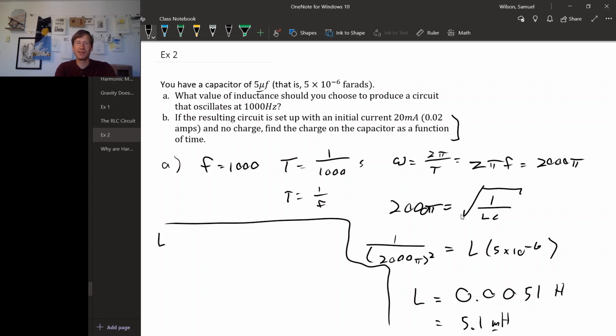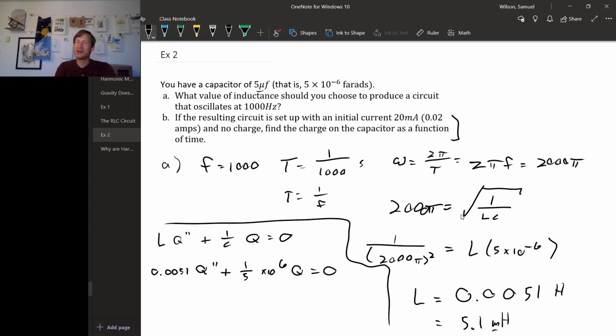So remember, we're going to write down L times Q double prime plus 1 over C times Q equals 0. So L is 0.0051 times Q double prime plus 1 over C, which is 1 over 5 times 10 to the negative 6th, times Q equals 0.